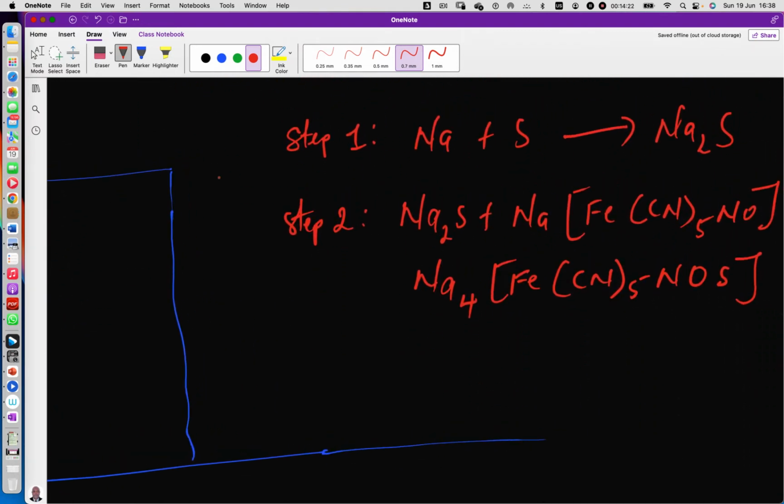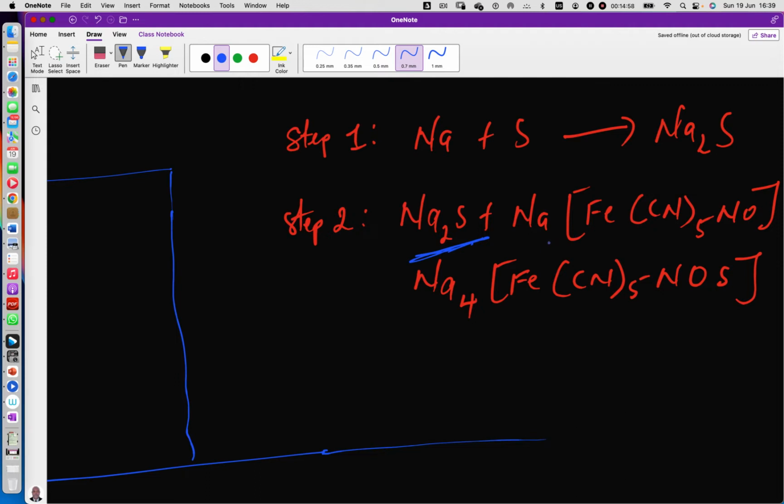So now sodium fusion is converted to sodium sulfide. This is the sodium fusion. Then the sulfide ions here are identified by using sodium nitroprusside. The sulfide ion present here is identified by using sodium nitroprusside.